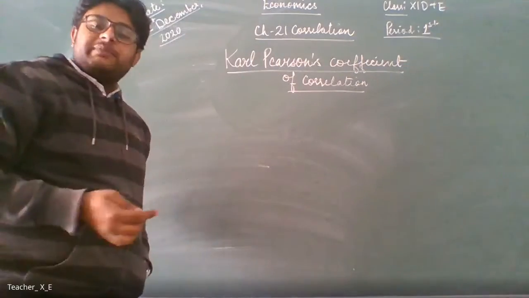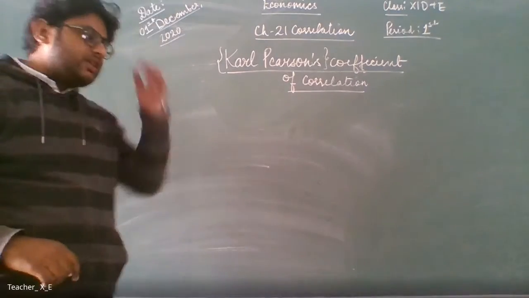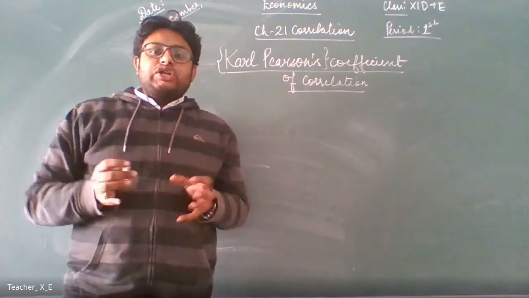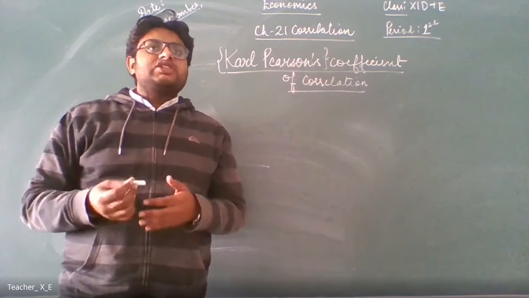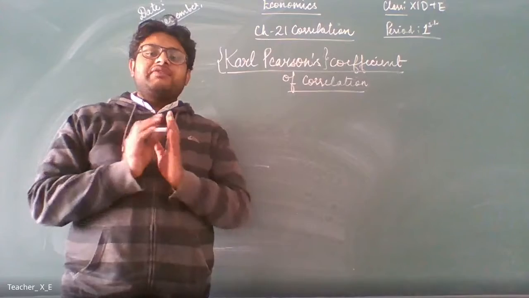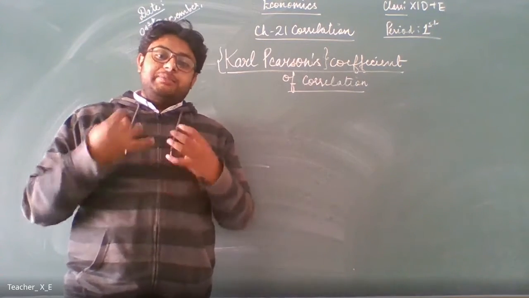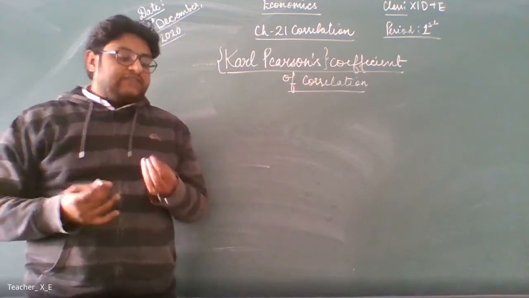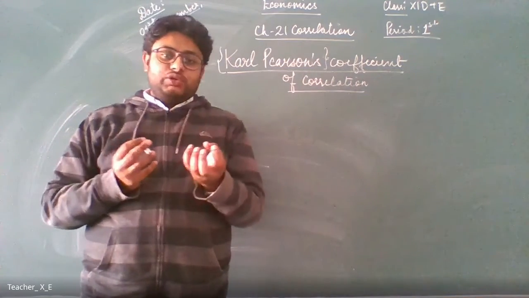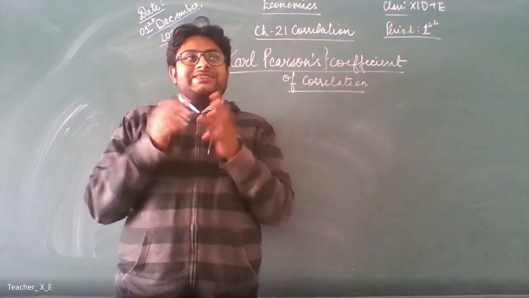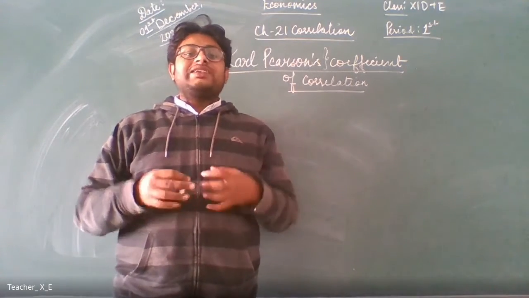Karl Pearson was a famous statistician, and he developed a particular formula, a particular method through which we can measure correlation in quantitative terms. After putting the data in that formula, we will be able to get a numerical value through which we will know the exact correlation between the two variables.